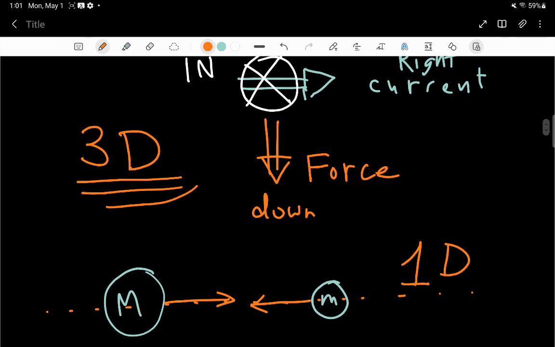Magnetism is super weird because magnetism requires all three dimensions of space. The electric current will be in one direction, the magnetic field is in another direction, and the force is yet in the third direction, and they are all mutually perpendicular. So you need left, right, up, down, and in and out. So that's really interesting.